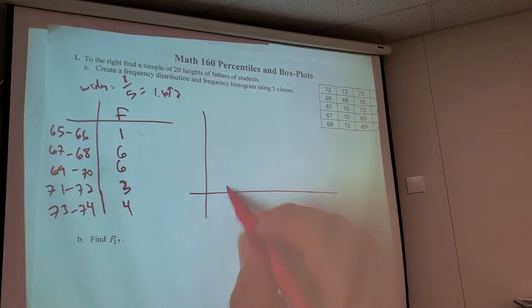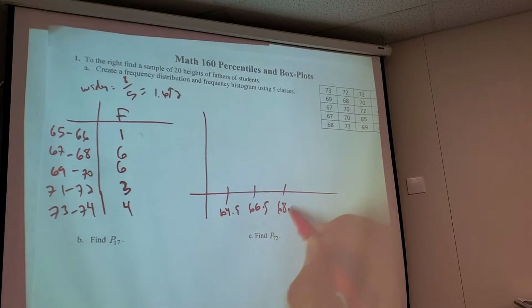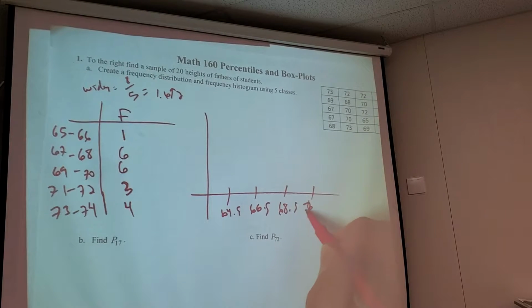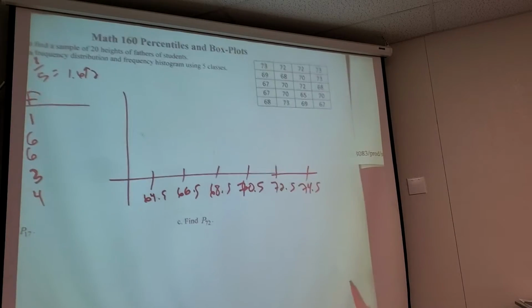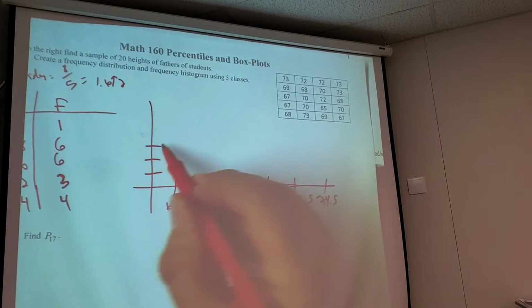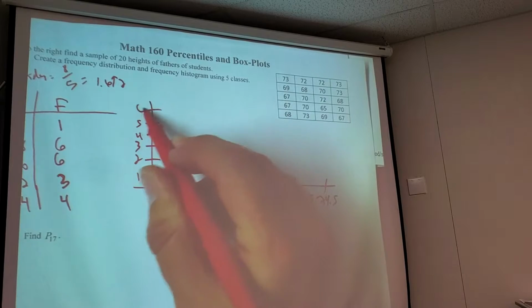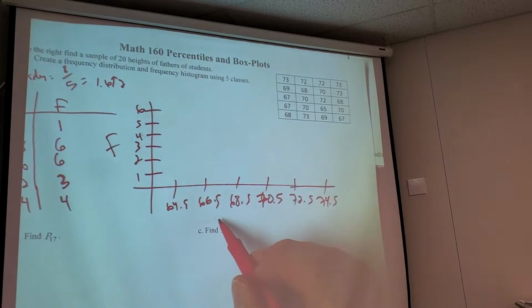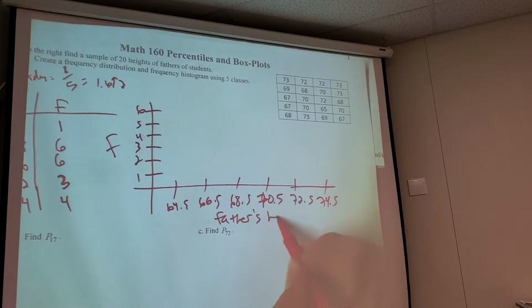So now here I'm going to have to put, like I said, 64.5, 66.5, keep going up by 2. And now this scale, it's got to get up to 6. So 1, 2, 3, 4, 5, 6. Frequency, and this is fathers' heights.